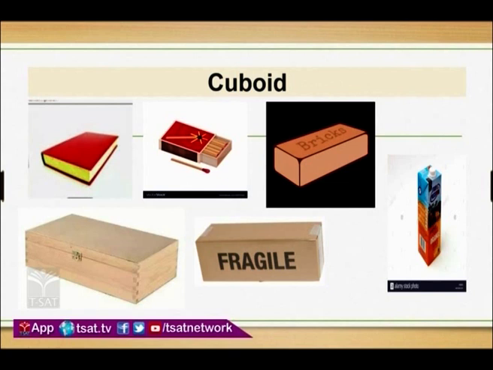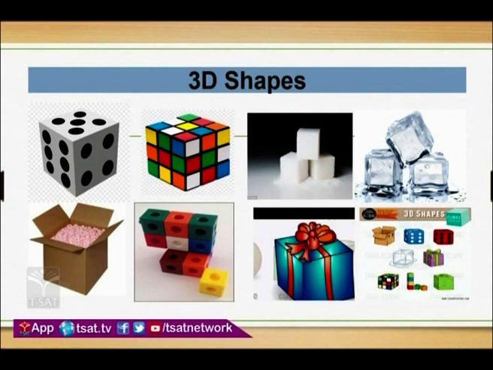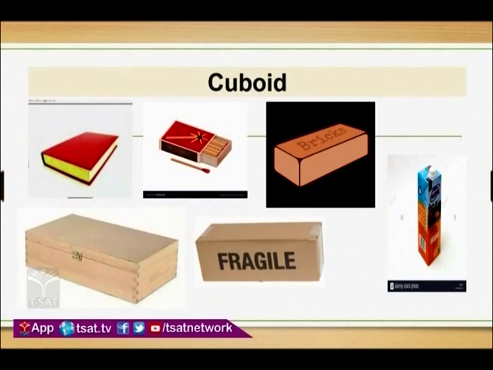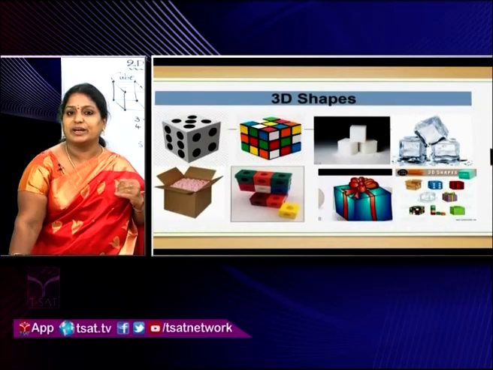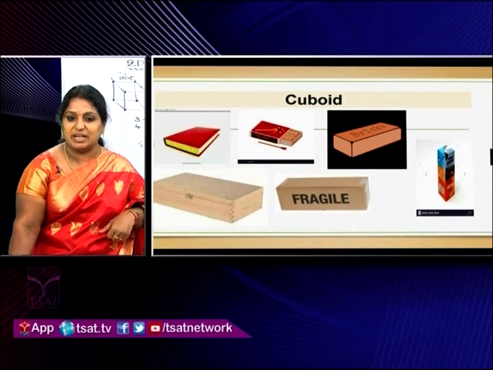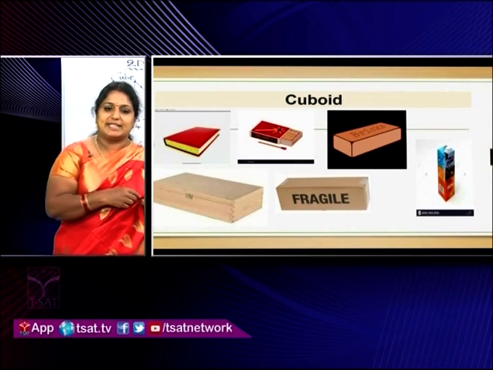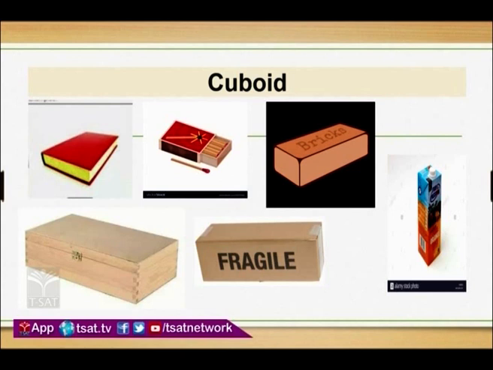Now see the next image. What is the difference between the previous slide and the next slide? Take a second and think about it. Children, all the sides of the cube are in the shape of a square. All 6 faces contain congruent squares. Whereas for the cuboid, what real life examples did I take? Just notice all the pictures. I took a book, a matchbox, a brick, a packing box, a geometry box, a chocolate.